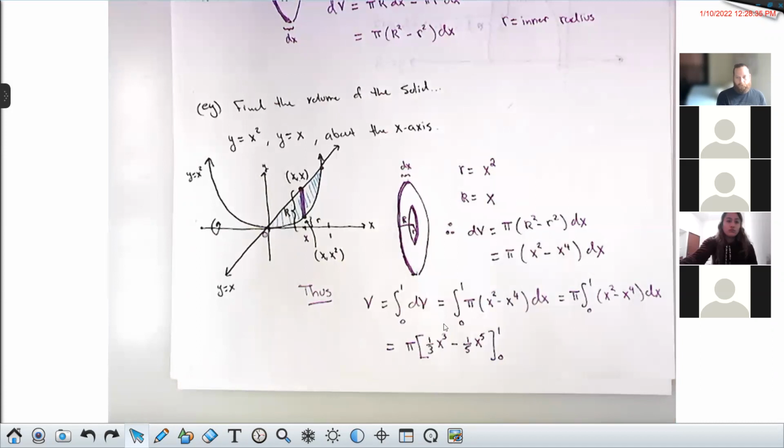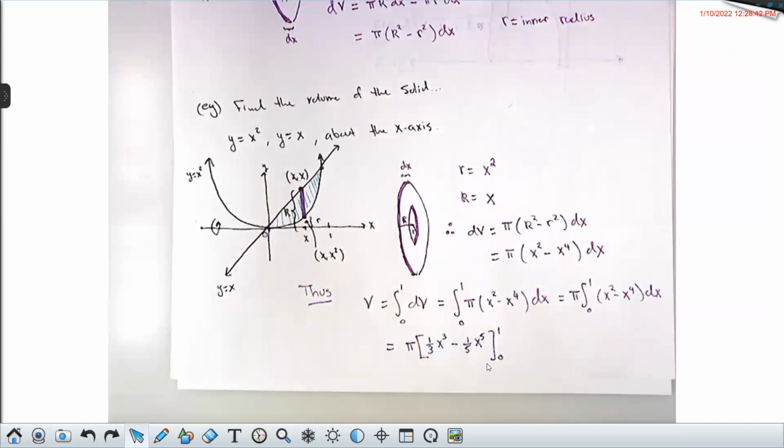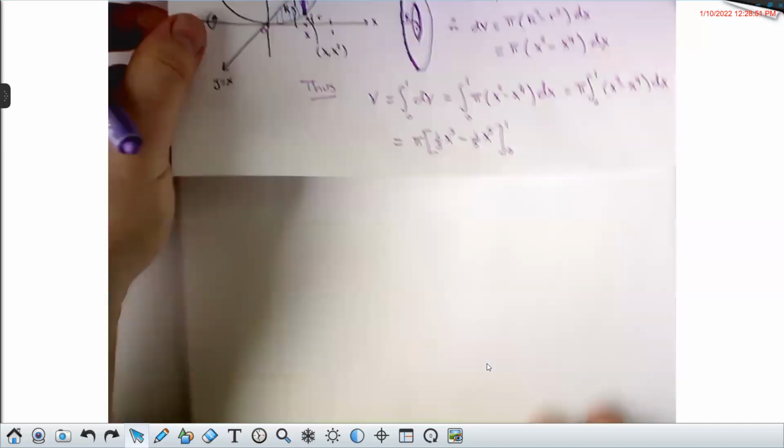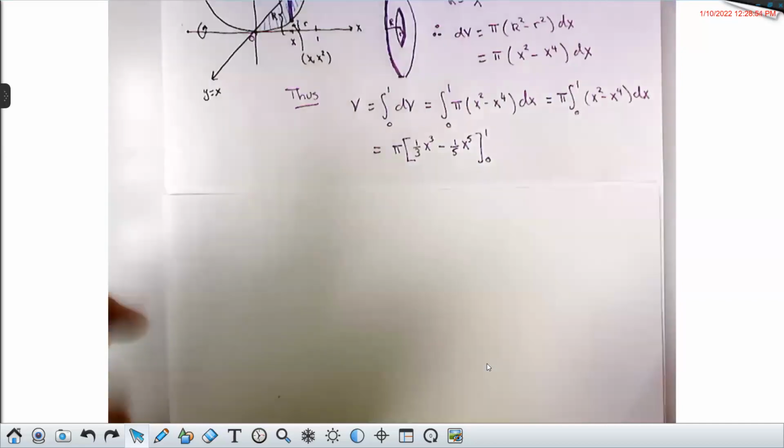If you plug in the lower bound 0, this and this will both be 0, so we don't get anything. If you plug in the upper bound of 1, both x cubed and x to the 5 are equal to 1. So actually, I think we can fit this here.